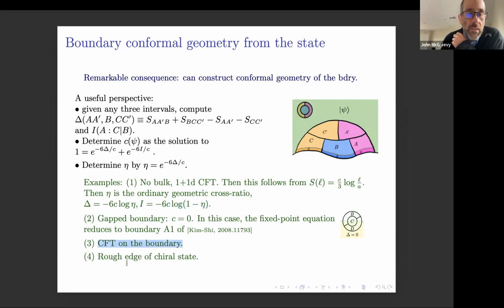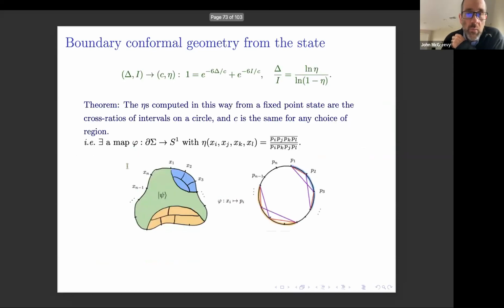And then finally, it also makes sense even if the edge is some rough thing. Here I've drawn, or Shang drew, some bumps, but I haven't made any assumptions about some nice geometry of the boundary. And nevertheless, we can extract these cross ratios, and we can prove that the cross ratios computed this way, if the state satisfies the fixed point equation, are the cross ratios of the intervals on a circle.